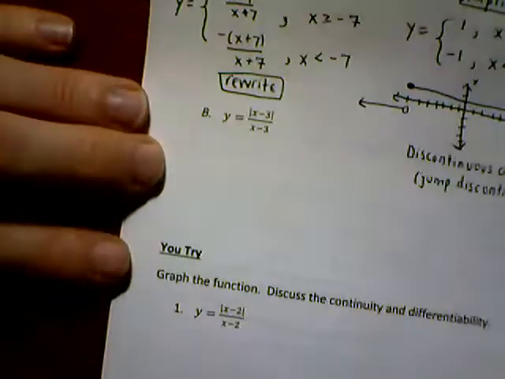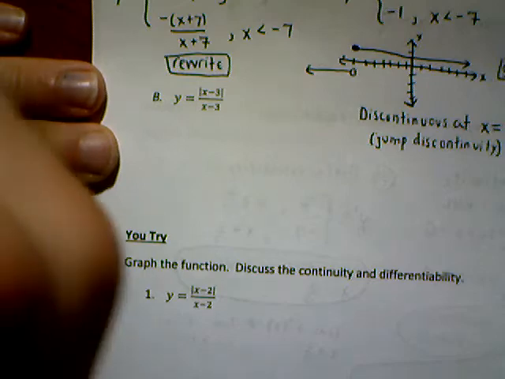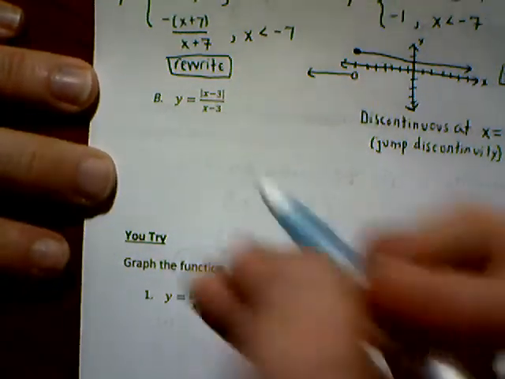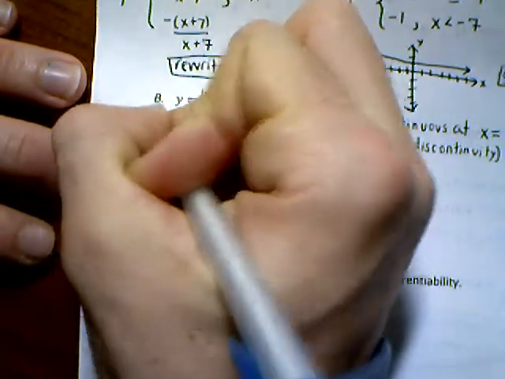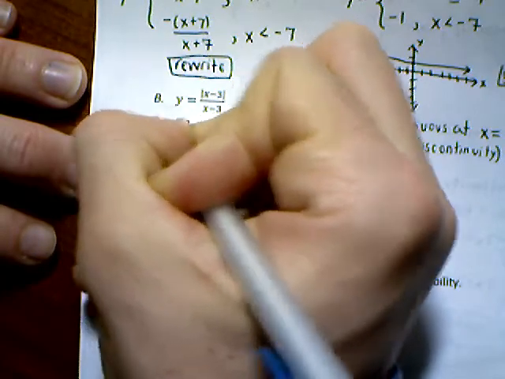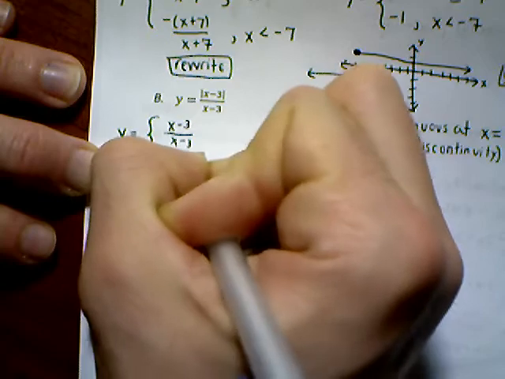All right, so I want you to pause the video and try letter B. And then I'm going to start going over it. So y equals x minus 3 over x minus 3, or negative x minus 3 over x minus 3.